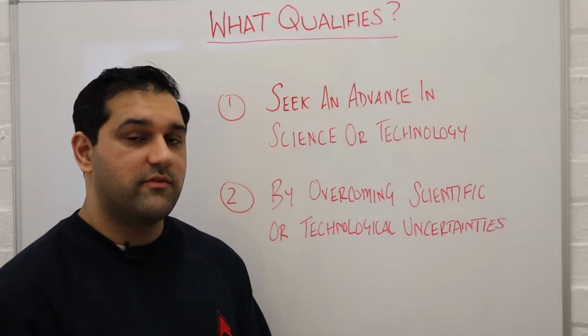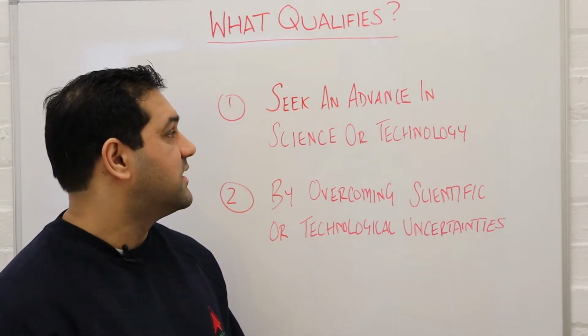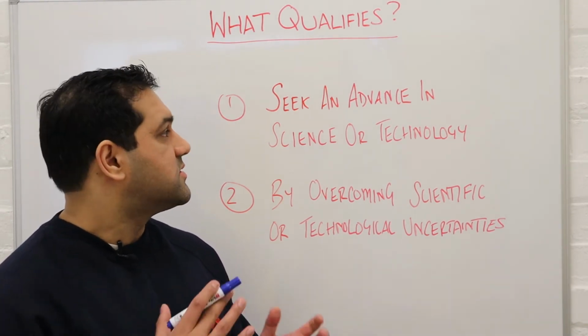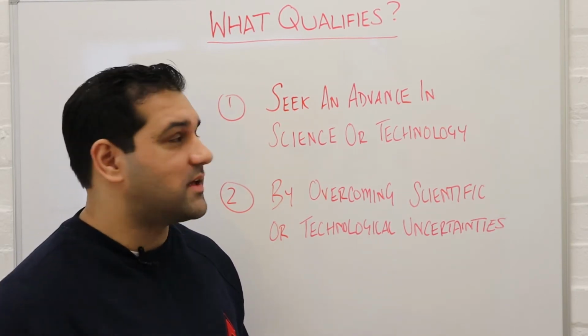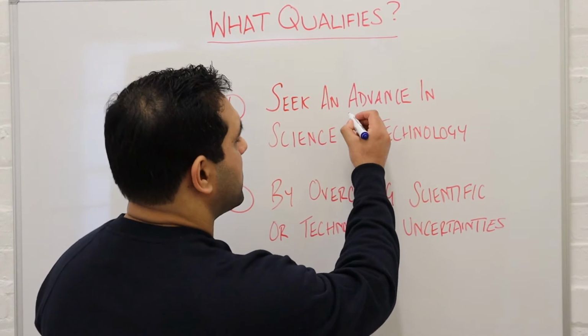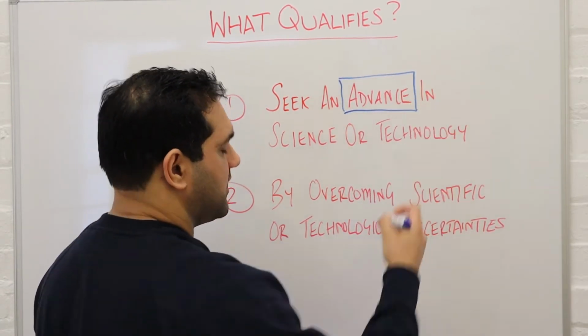So let's start with the first part of the definition, which is seek an advance in science or technology. So we know what science is, we know what technology is, we know what seeking is. So the important thing to understand is, what do I mean by advance?